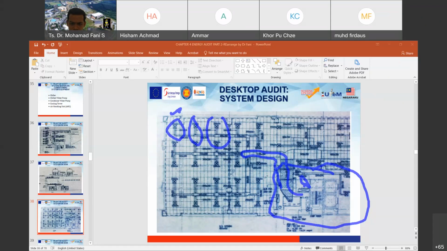And there must be dual components of supply and return air. So maybe this one is the return air. Supply and return to the AHU.